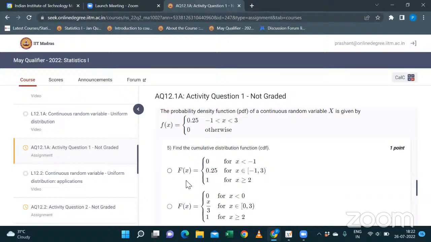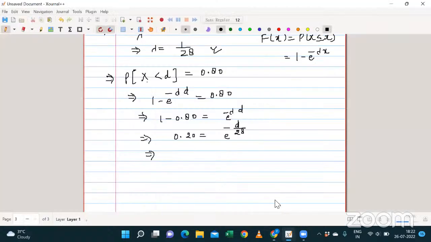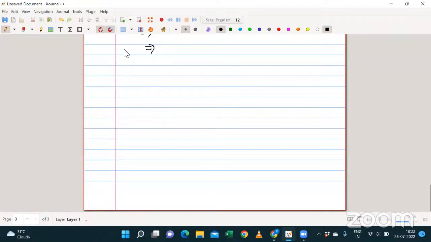Okay. So, do you know integration? Yes, sir, I know. Okay, let's do it. Since in the stats one, I think questions which involve integration are not there. But if you know, then we will solve by integration and another method. We are given the f of x, that means, let me create a new one.